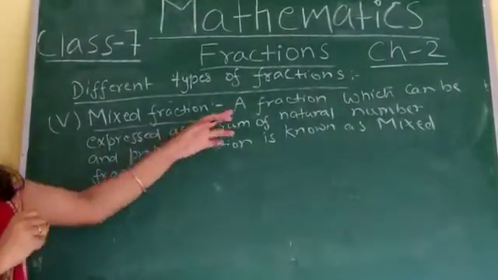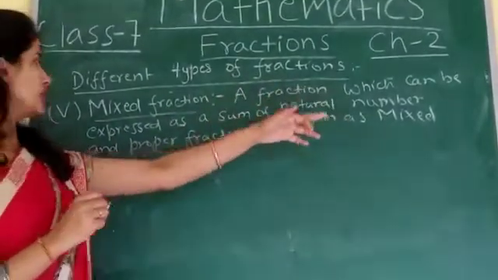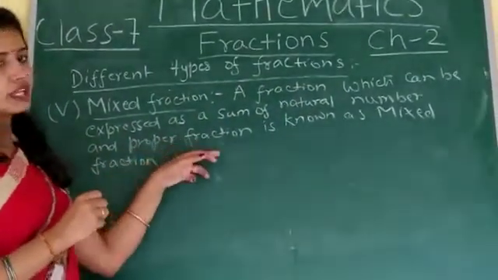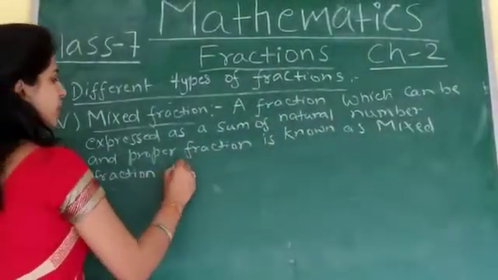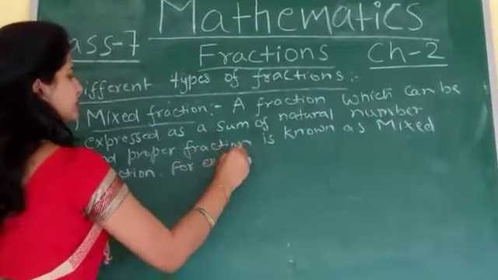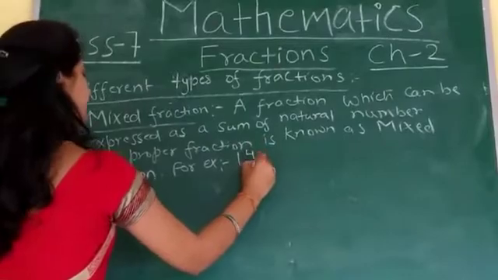So, those fractions which can be expressed as sum of natural number and proper fraction is known as mixed fraction. For example, 1 whole 4 by 5.